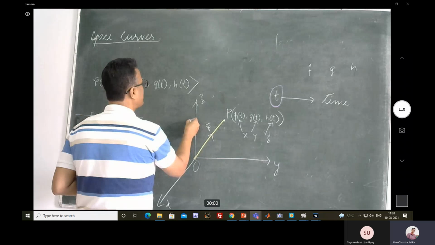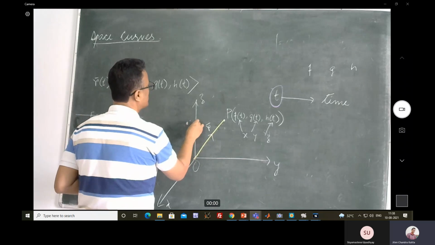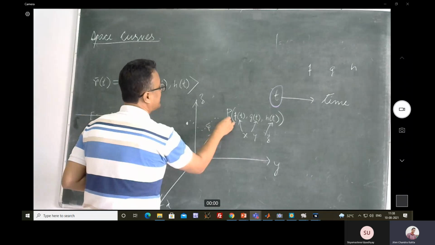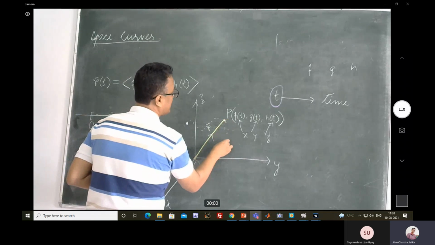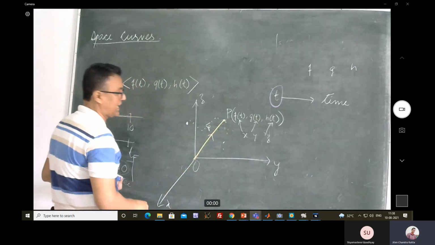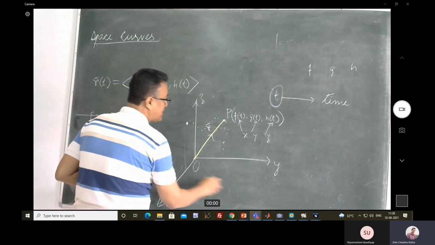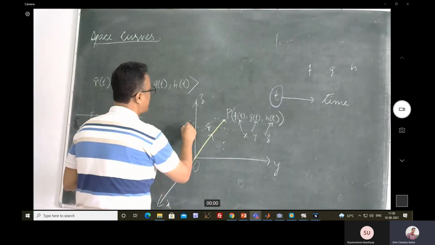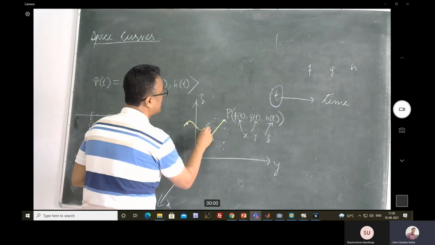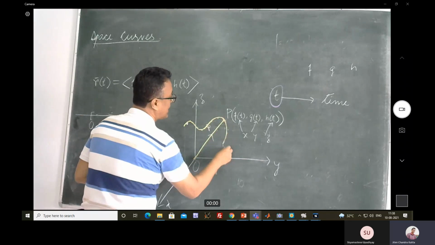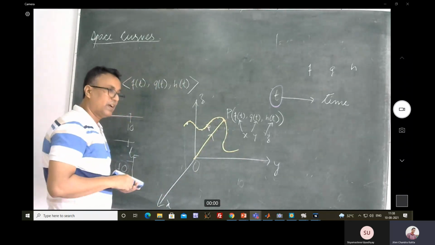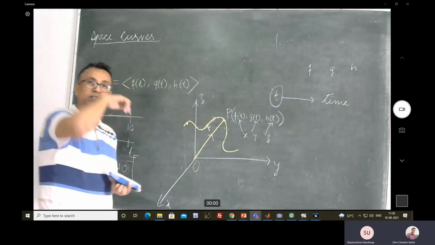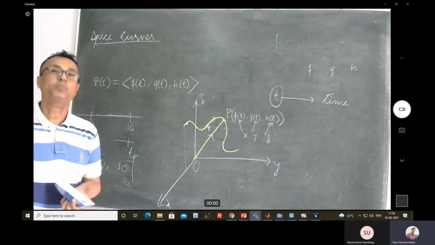Then at t equal to 0.1, it is here, at t equal to 0.2, it is here, something like this. Then if at each time, till I reach the value of 10, I track all those points in space, I am going to have a curve. This kind of curve is called a space curve.